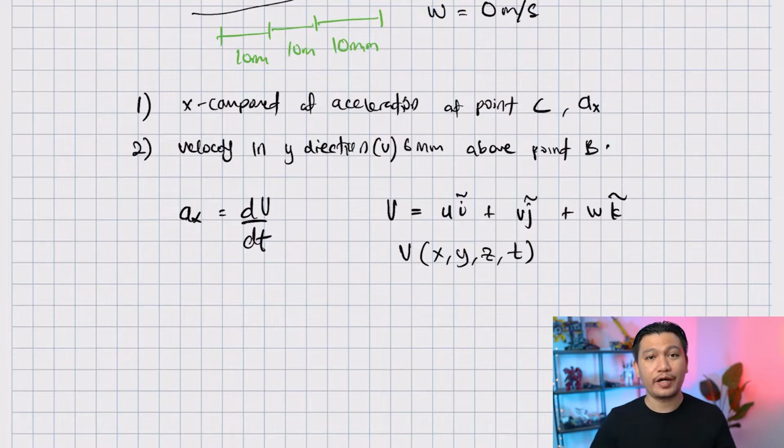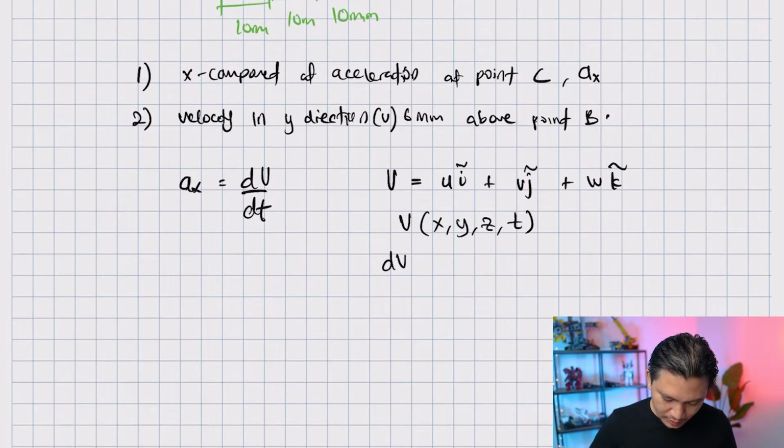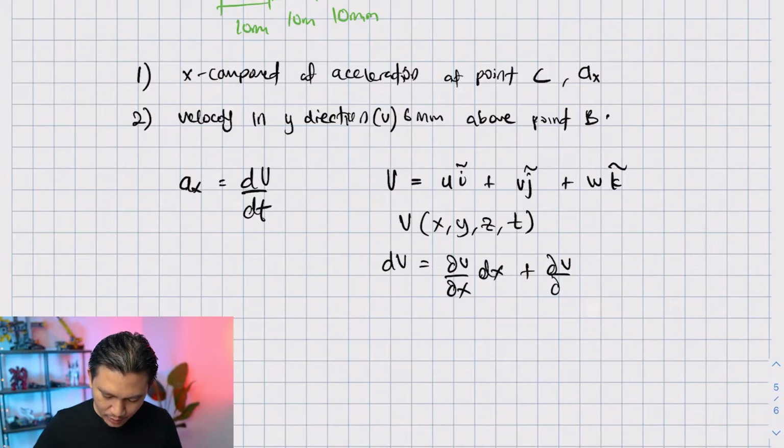So if I want to find a small change in velocity, dV, I must do the partial differential, which is del V over del x times dx, plus del V over del y times dy, plus del V over del z times dz, plus del V over del t times dt.